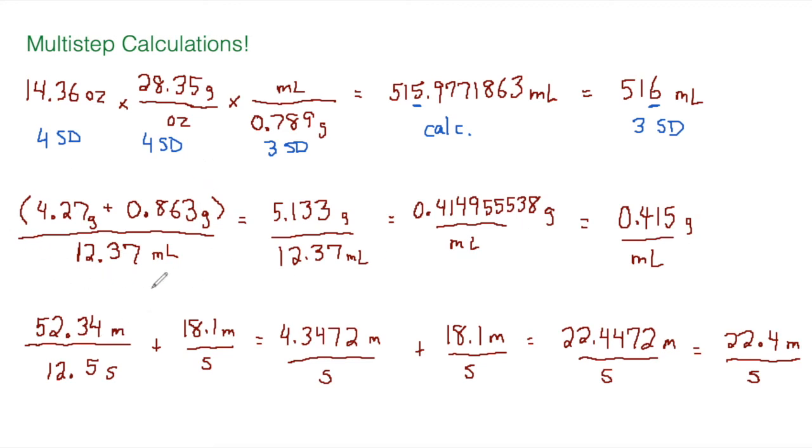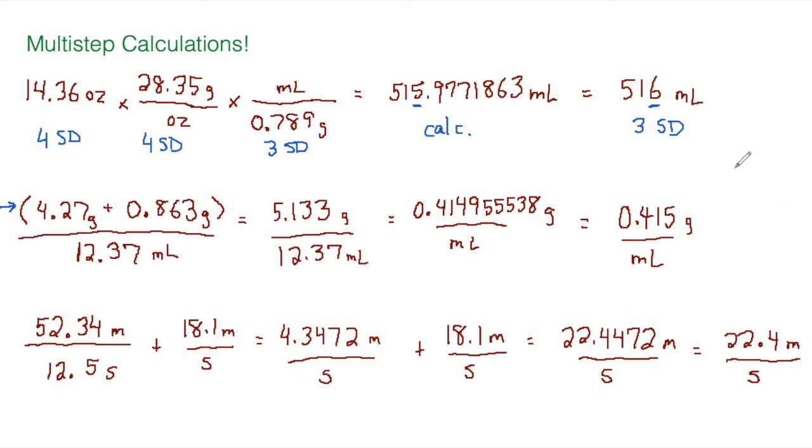When we have a problem that combines adding or subtracting with multiplying or dividing, it's good to keep track of where your significant digits are. Keep all the digits until the end, but keep track of where the significant digits are after each step so that you know where to round the final answer. So the first thing we do here is add.